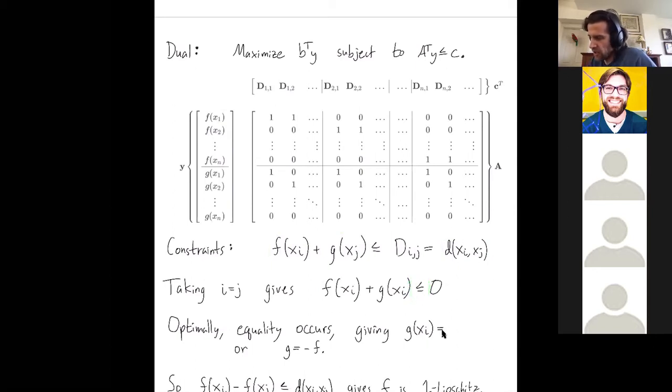And so in other words, we get g of xi is equal to negative f of xi. Okay, when this inequality is achieved optimally, you just get g of xi is equal to negative f of xi. In other words, g is just the function negative f.